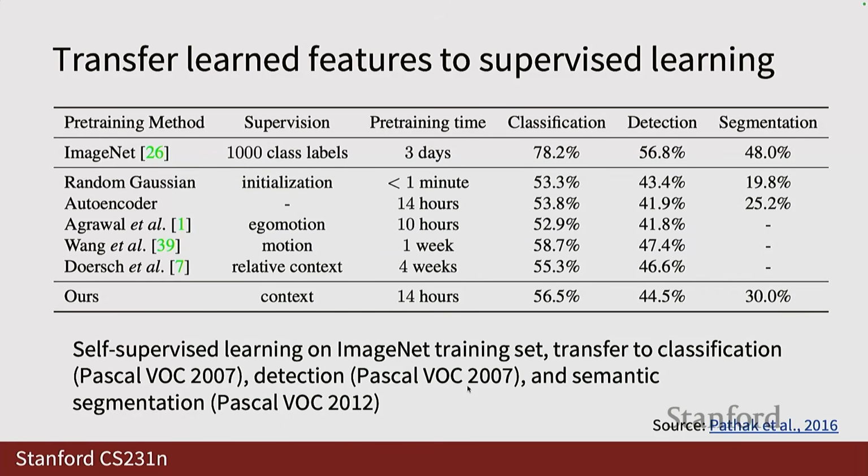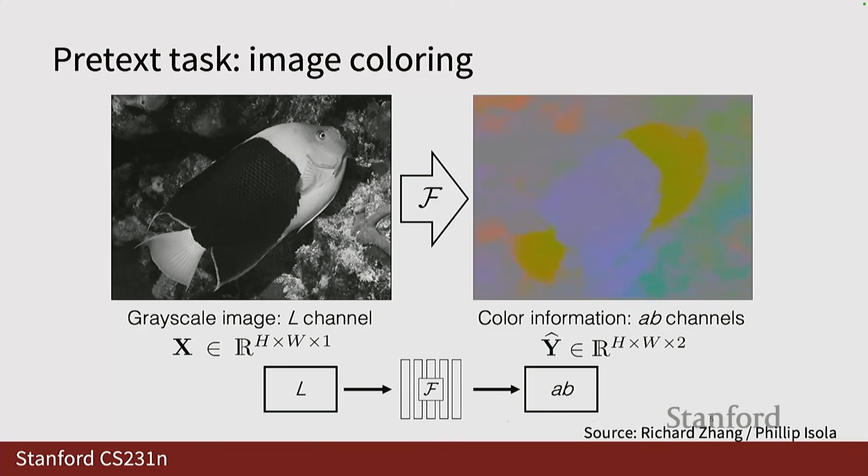I will come back to these reconstruction-based frameworks and masking in a bit, because it's one of the most used pretext tasks these days for pre-training. So I'll come back to this. But before that, let me introduce this other pretext task of image coloring.